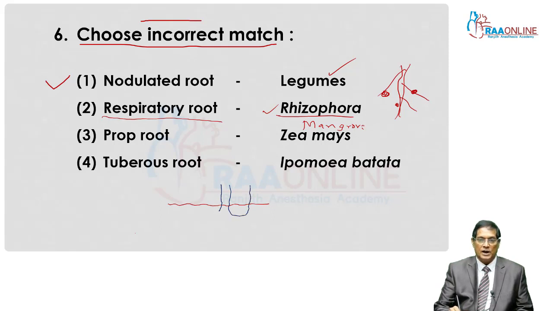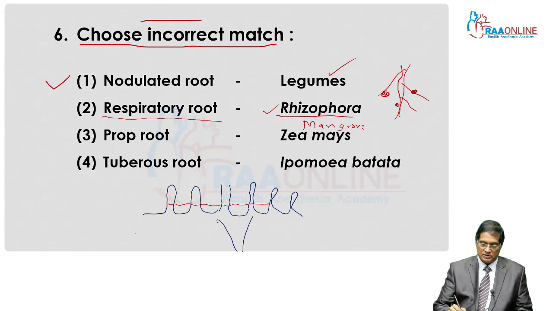Hence, branches from this root move vertically upward. This is the main root and these are the branches. These branches move vertically upward and at the tip minute pores are present.